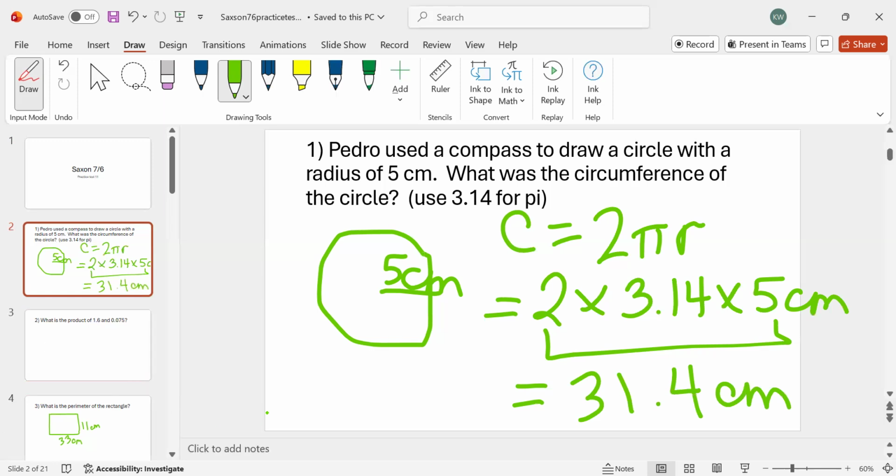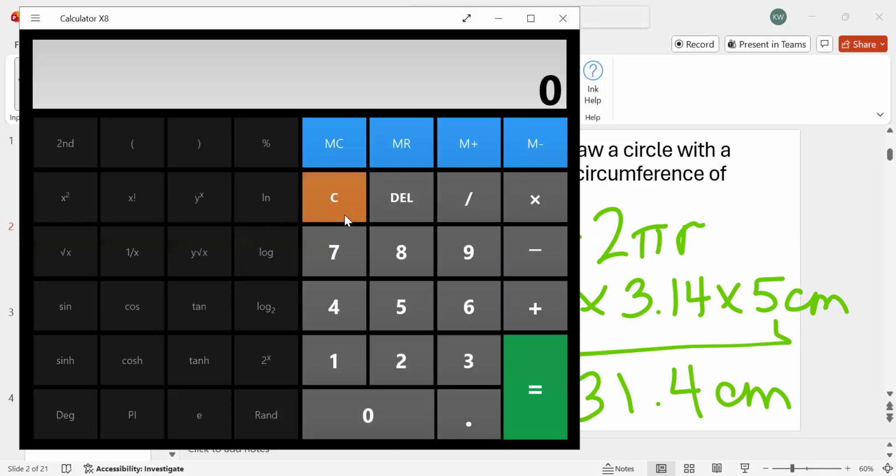You can just type that out if you were in the talker, or you can use the calculator to calculate with 2 times 3.14 times 5. And 2 times 3.14 times 5 is 31.4 centimeters.